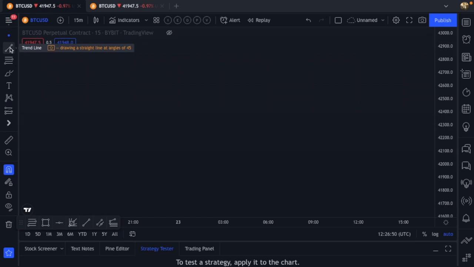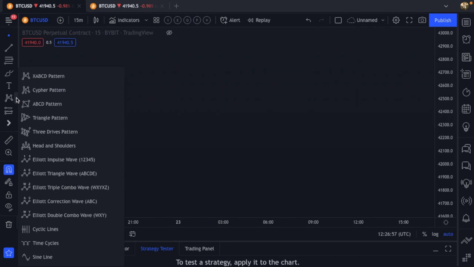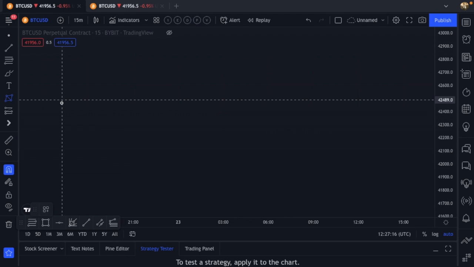So what we're going to do here is come to the left side and come to our patterns. You'll notice there's a couple of different ones here. We've got the XABCD pattern, which is the one we're most generally going to use. You've got the cipher pattern, which is specific to the cipher. And we have the ABCD pattern here. So this is our AB equals CD pattern.